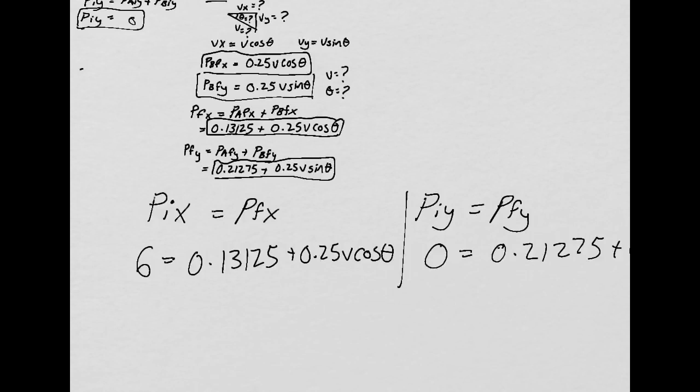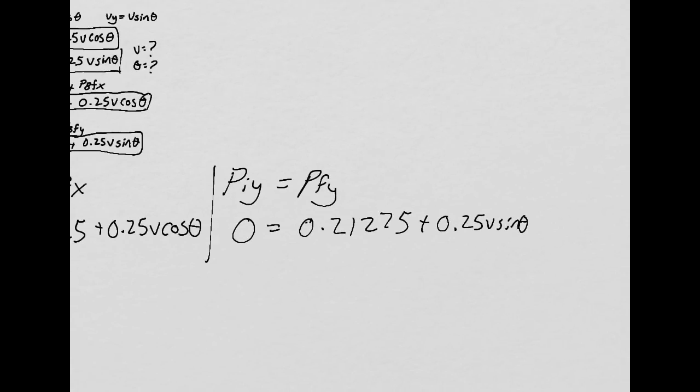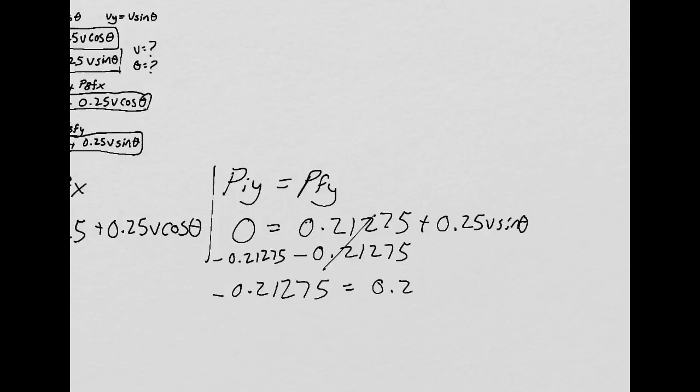So, since the PIY equals PFY equation is easier, let's go ahead and solve that first. So, we're going to subtract 0.21275 from both sides. Those cancel. Negative 0.21275 is equal to 0.25 V sine theta.